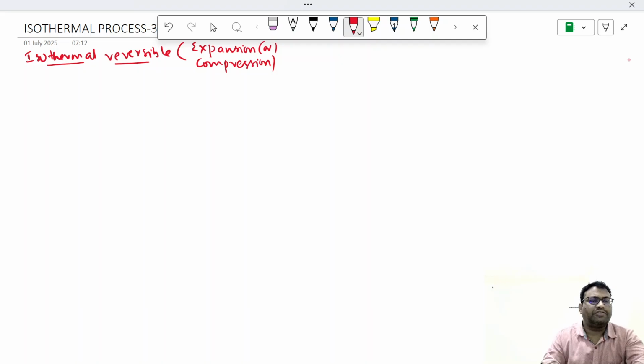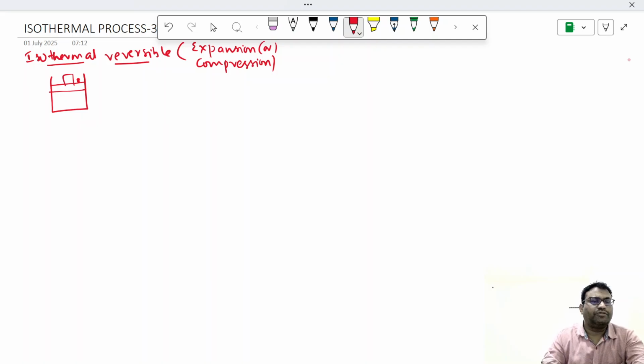Say for example, let us take this gas enclosed in the cylinder. Now with external pressure, let us take compression here. We are compressing it by placing a small sand granule on it.